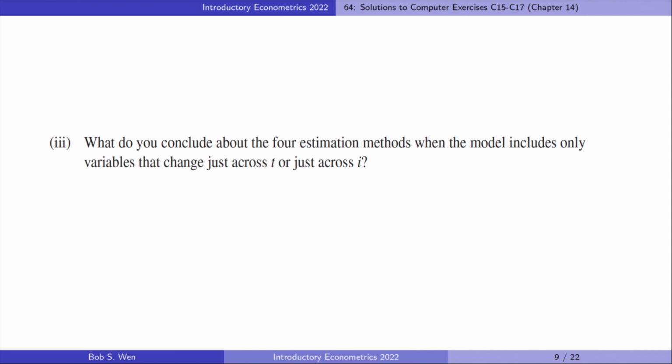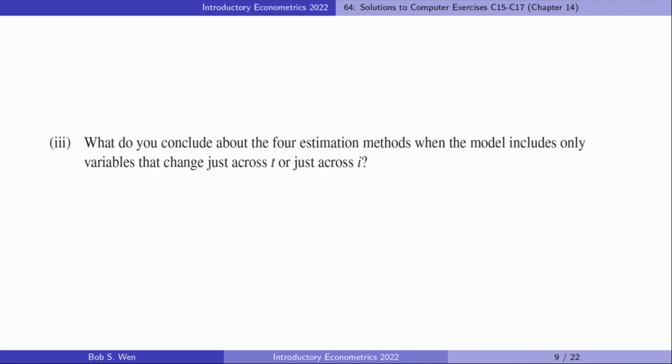In Part 3, what do you conclude about the four estimation methods when the model includes only variables that change just across t or just across i? For the variables that are time constant or only change across individuals, the OLS and the random effects give the same estimates with different standard errors.